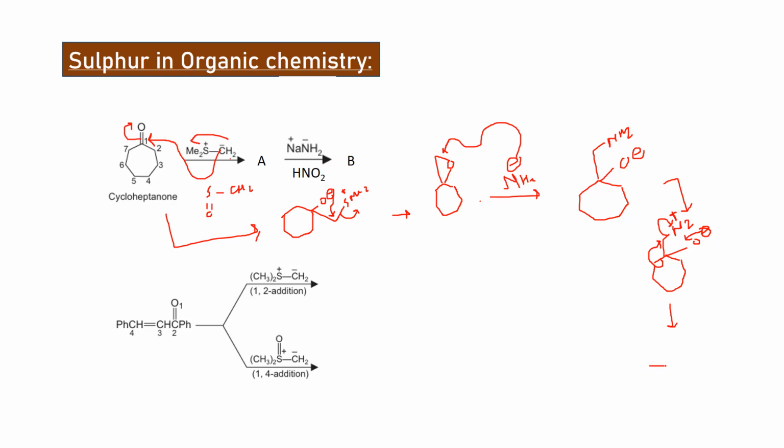So from the 7-member ring we are getting an 8-member ring. So this is called a semipinacol reaction.